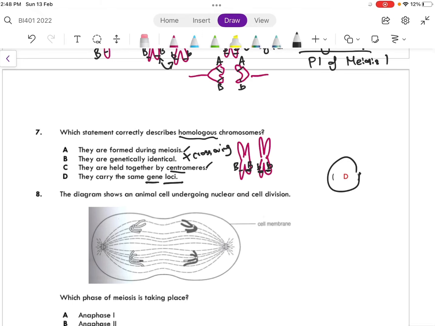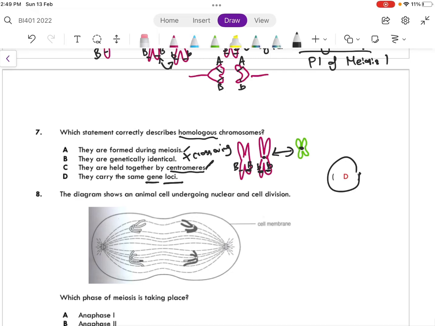They are held together by centromeres. Actually, this is correct, but it's not what defines homologous chromosomes. Because I could have another chromosome that is maybe much smaller, but it's also joined together at centromeres. But these 2 chromosomes aren't homologous, even though they both have centromeres.